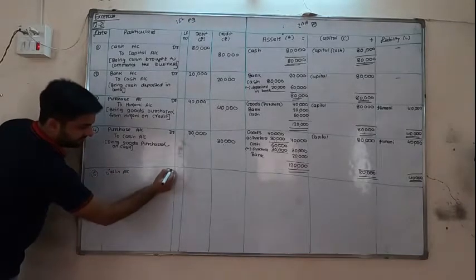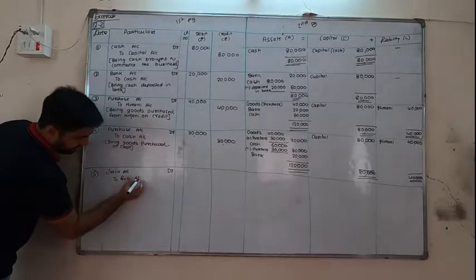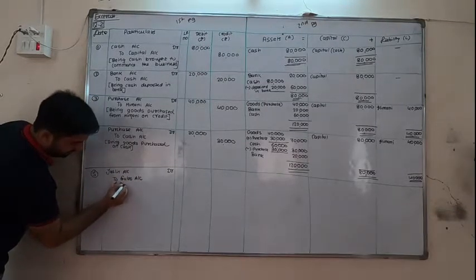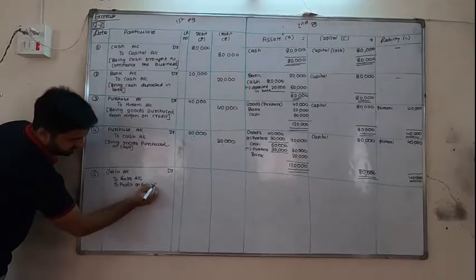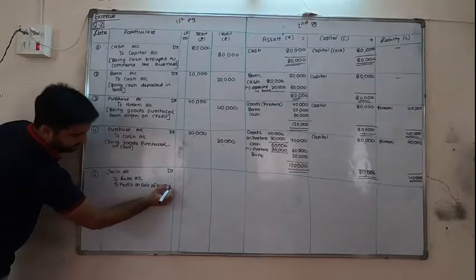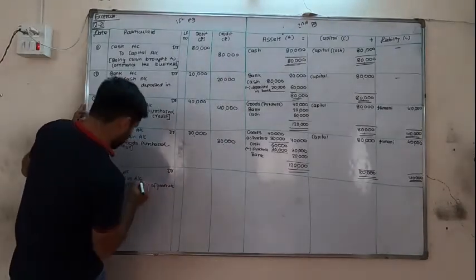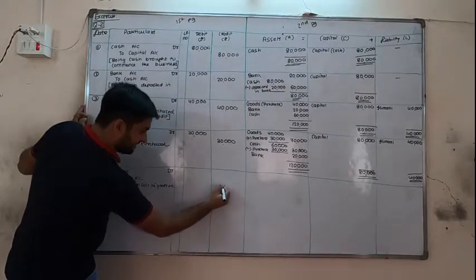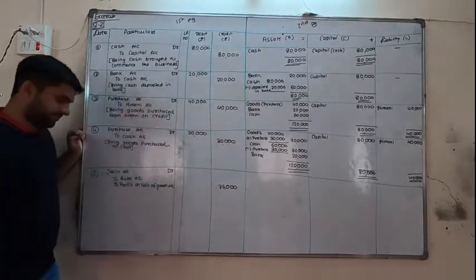Jocelyn account debit to sales account to profit on sale of goods account. Now, goods are going out for 35,000, so credit sales account with 35,000.